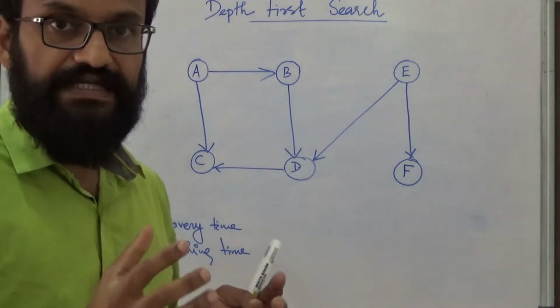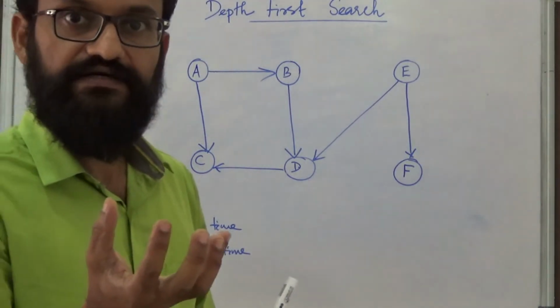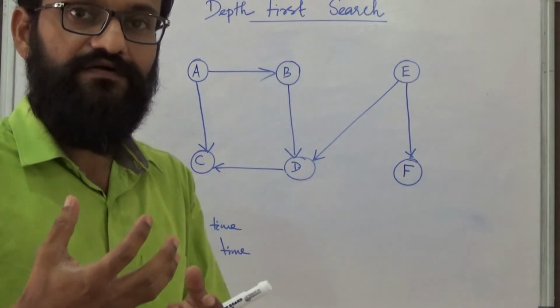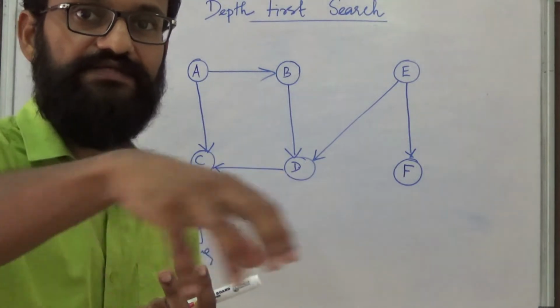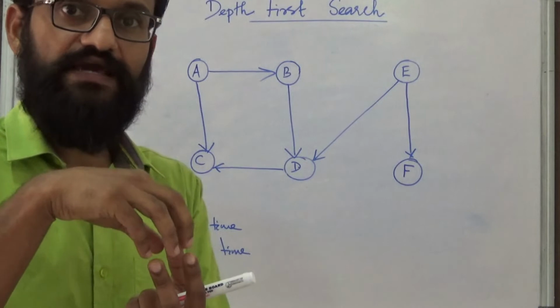The instant at which you discover a vertex is termed as its discovery time, and the instant at which you complete discovering all the vertices that are reachable from a particular vertex U is termed as the finishing time of U.